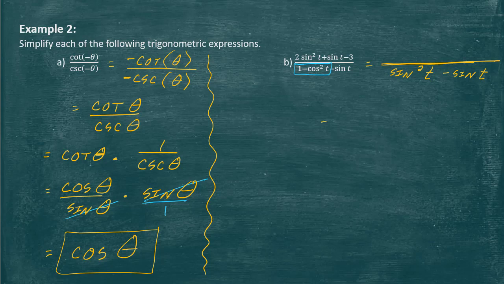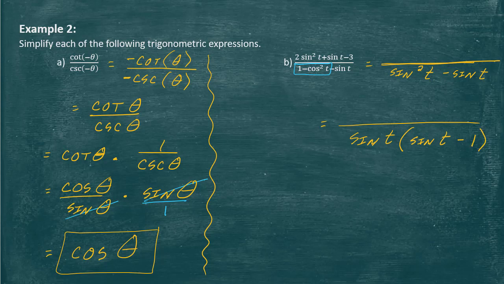But the other nice part is the 2 terms actually have something in common. So if I think ahead, that might turn into something where I could factor a sine out. In this case, they both have sine of t, so I could factor a sine out, like the first example, and just write what's left. So sine squared, if I took one of the sines out, leaves the other sine. And then if I took sine out of itself, it should leave a 1, and then the subtraction stays in between.